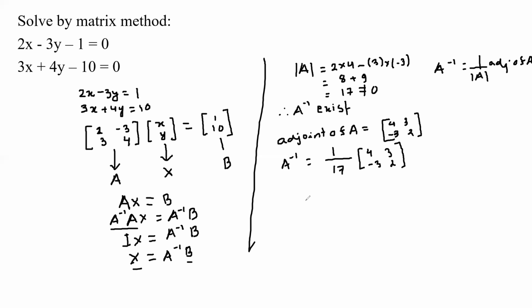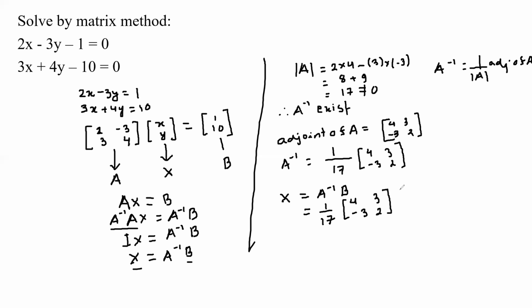Now, we know that we have a unique solution, X is equal to A inverse times B. So what is the A inverse here? It is 1 by 17 times the matrix 4, 3, -3, and 2.